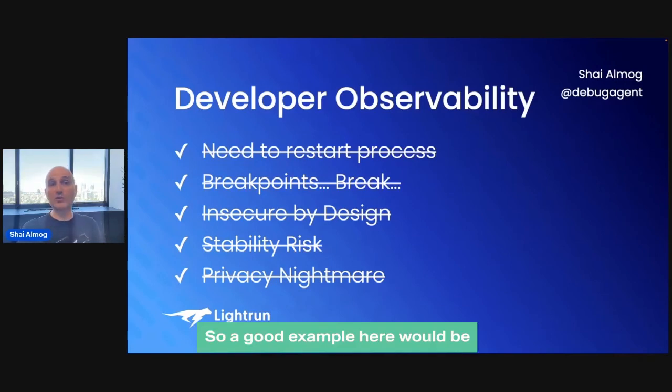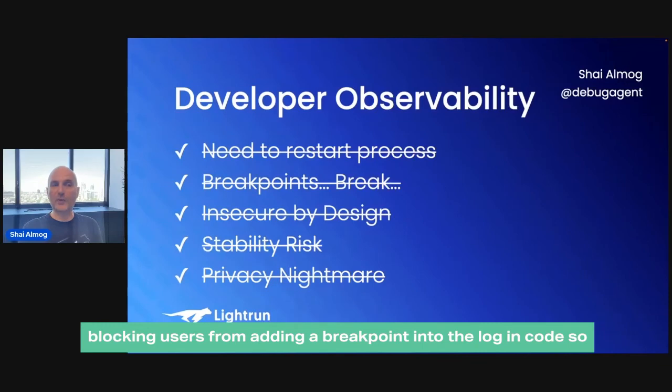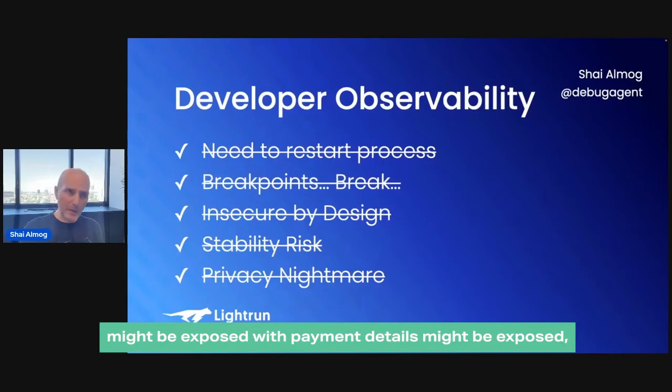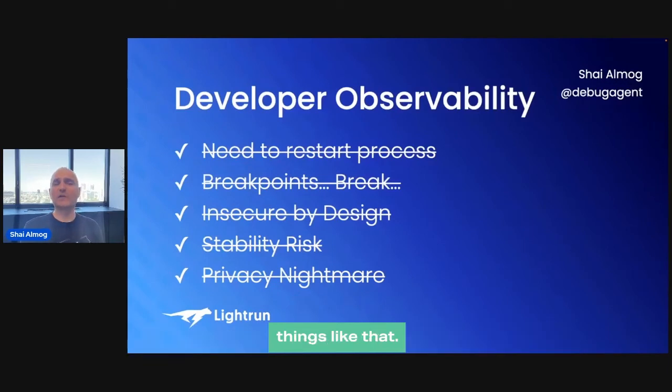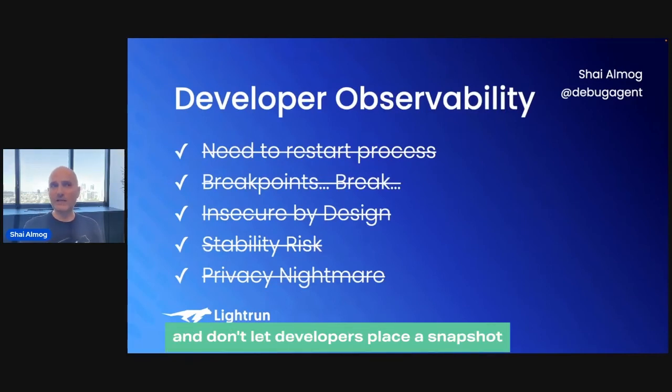So a good example here would be blocking users from adding a breakpoint into the login code. So a person can't log the credentials, or any file where credentials might be exposed, where payment details might be exposed, things like that. You can simply block the files and don't let developers place a snapshot or a log within those files, and this will increase your security.